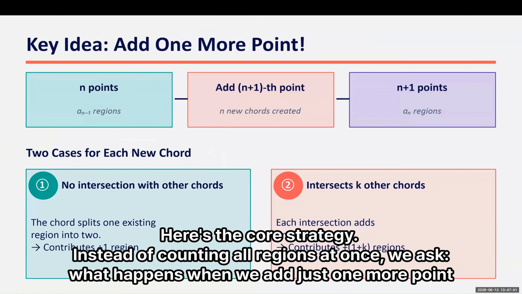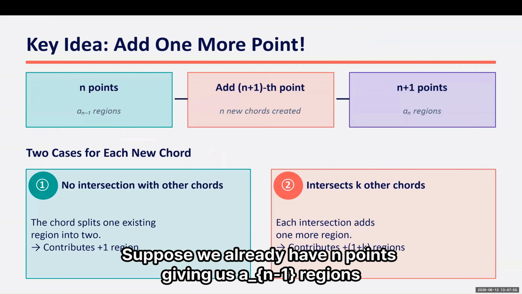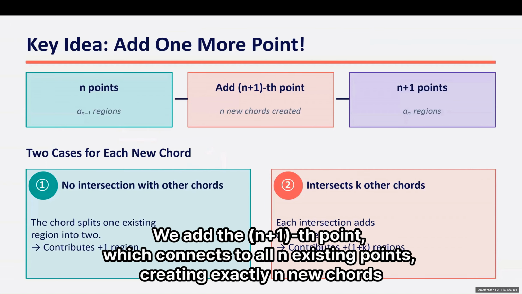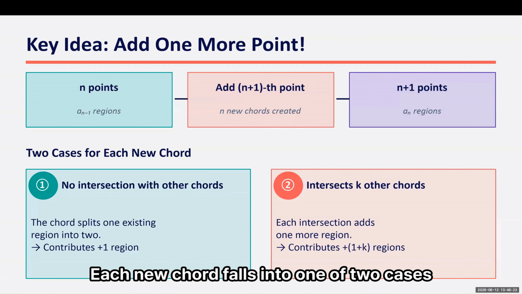Here's the core strategy. Instead of counting all regions at once, we ask, what happens when we add just one more point? Suppose we already have n points giving us A sub n minus 1 regions. We add the n plus 1 point, which connects to all n existing points, creating exactly n new chords. Each new chord falls into one of two cases.